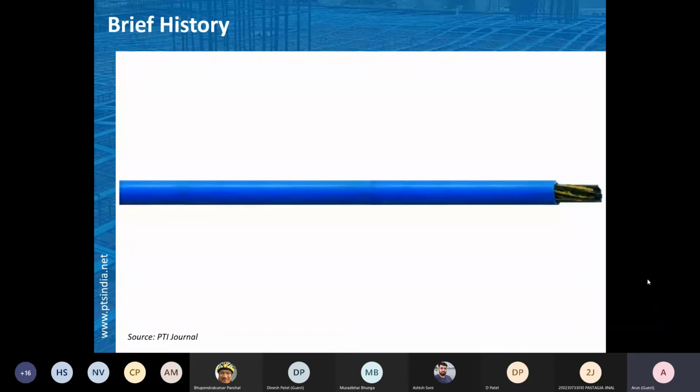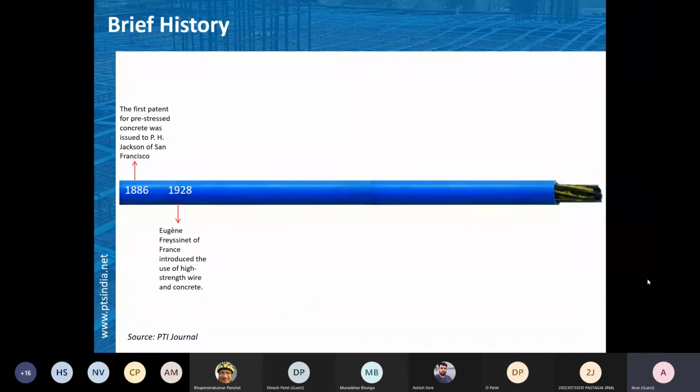Regarding the brief history, coming to how it has evolved and how the advancement has been carried forward: it was first patented and issued to P.H. Jackson of San Francisco in 1886.